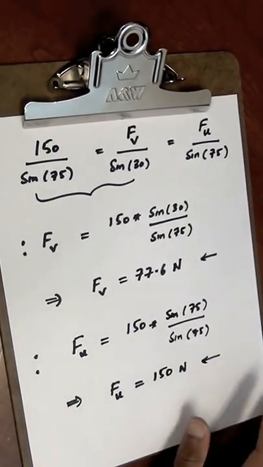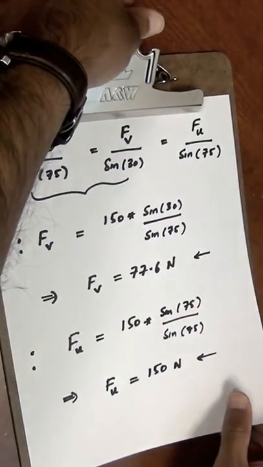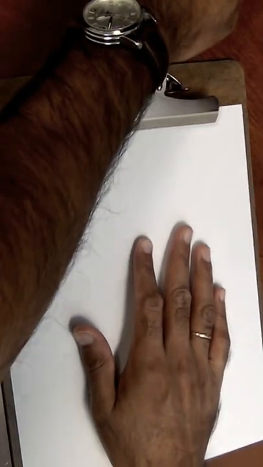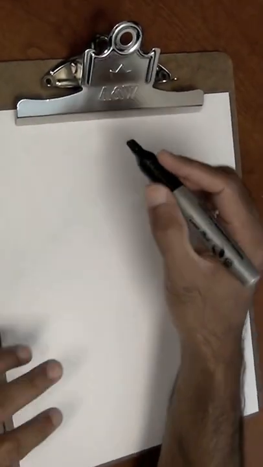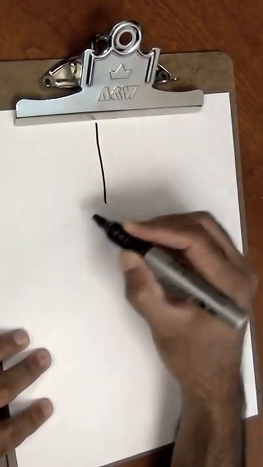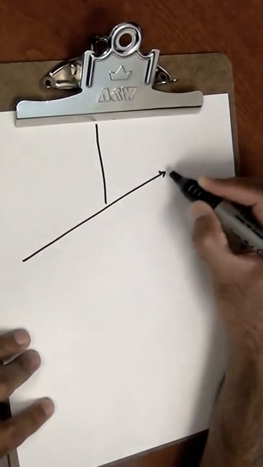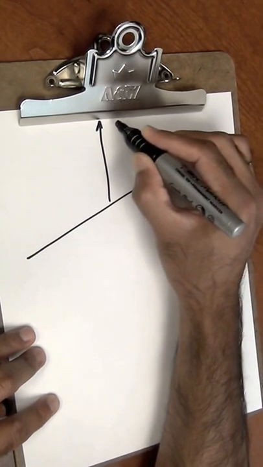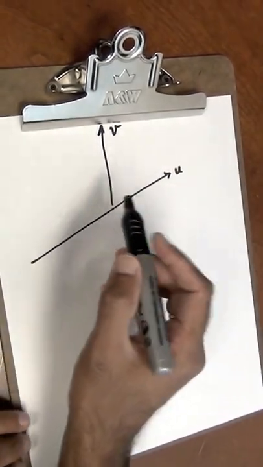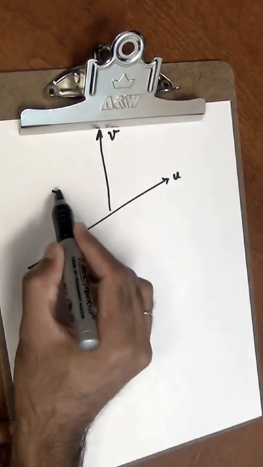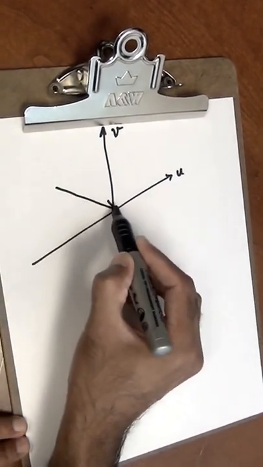Common ways in which this problem can be slightly made harder is the following. So perhaps we could imagine the situation given as follows. So let's say that I have the same U and the V directions. Let's say that I have, this is the V and then this is the U. So this is U and this is V, and instead of the force being given the way it was in the problem, this force could be drawn in the following manner.